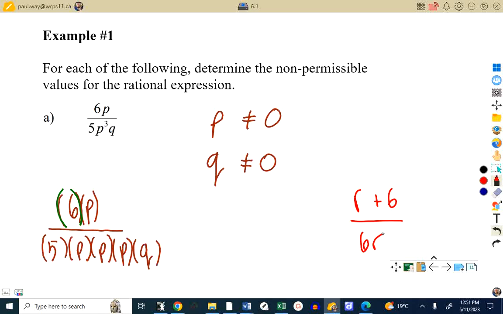The answer is yes. Is r a factor of the bottom? The answer is yes. Is 6 a factor of the top? No, because we cannot write the top as 6 in brackets times something. So that's our answer. This is our answer to A. And again, we're just looking at it by inspection.